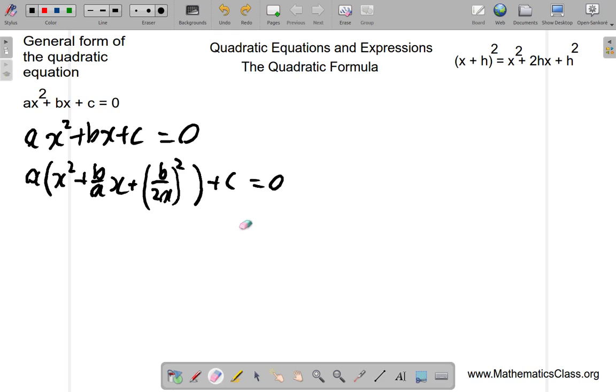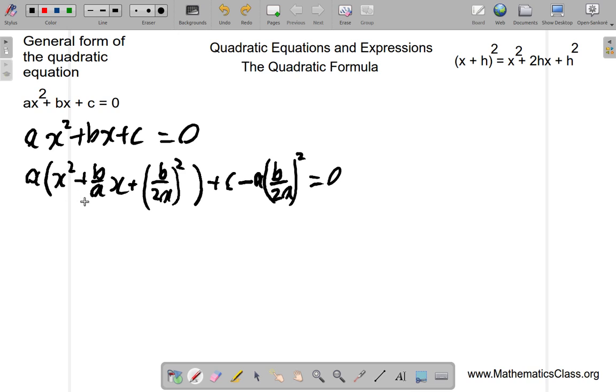If we say this is c, we added b over 2a squared, so let's subtract b over 2a squared equals 0. But then there's another thing. Whatever is inside the bracket is multiplied by a. So when we go outside the bracket, looking from outside the bracket, what we really added was a times b over 2a squared. So we're going to have to subtract a times b over 2a squared.